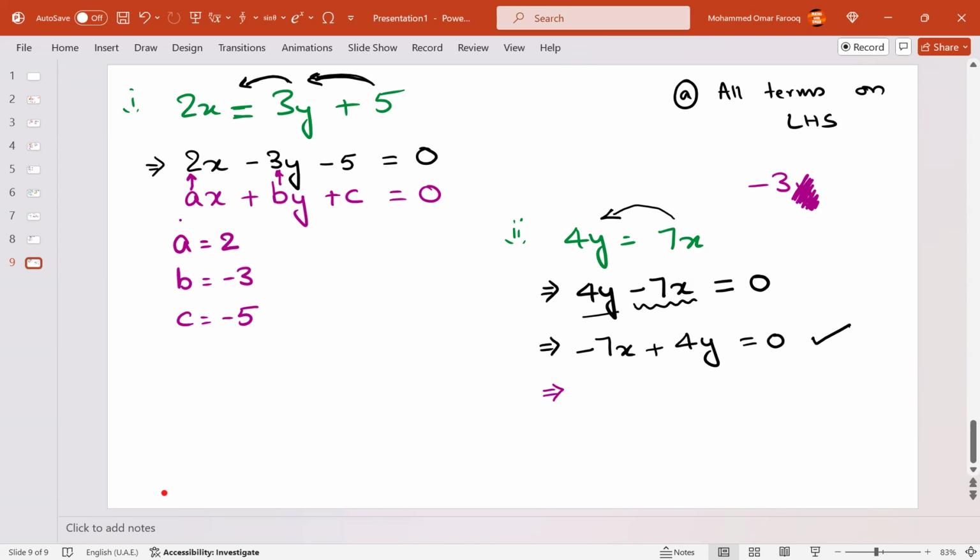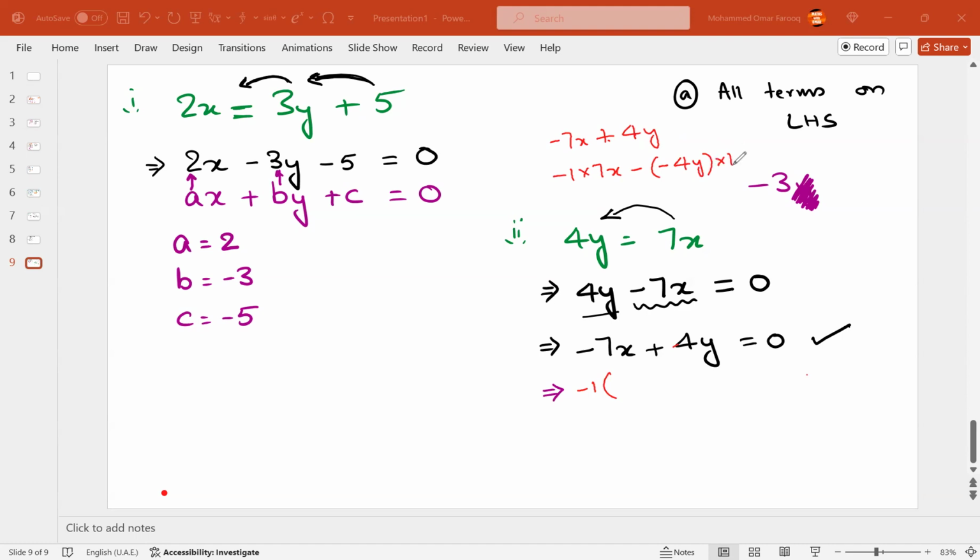I can write -7x plus 4y as -1 into 7x, plus, as minus of minus, 4y into 1.